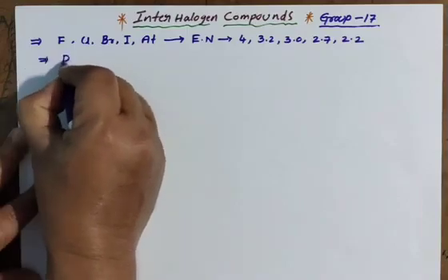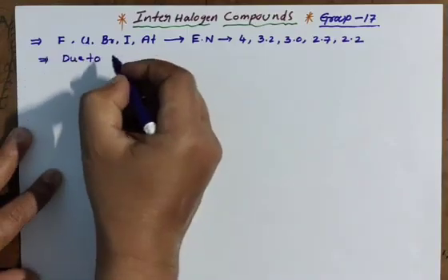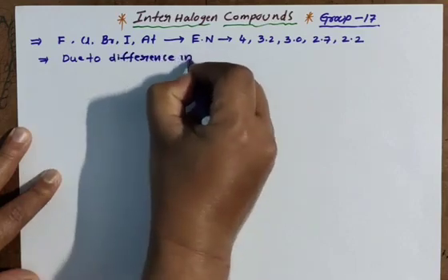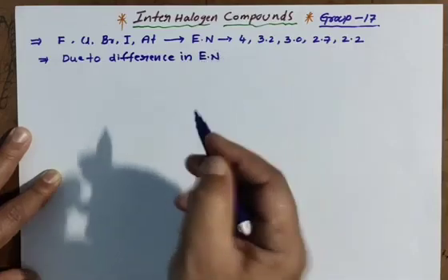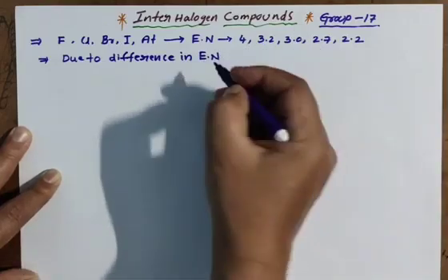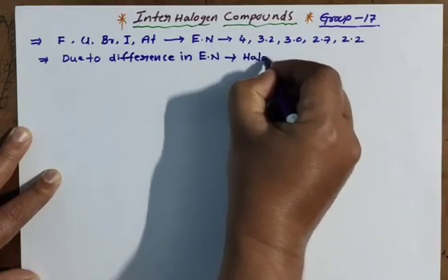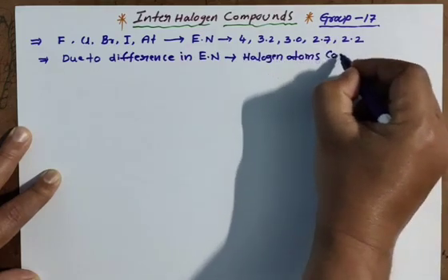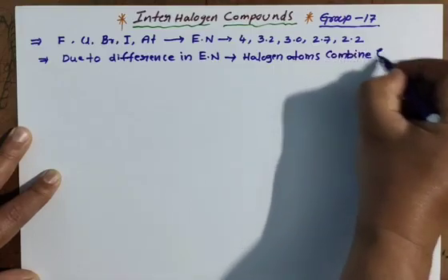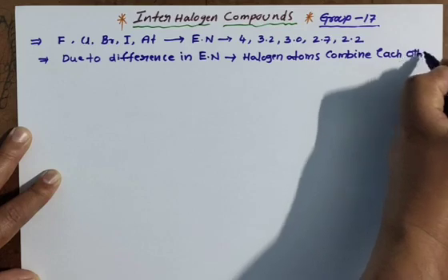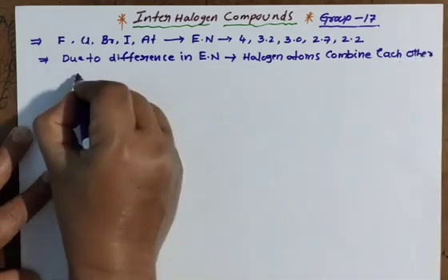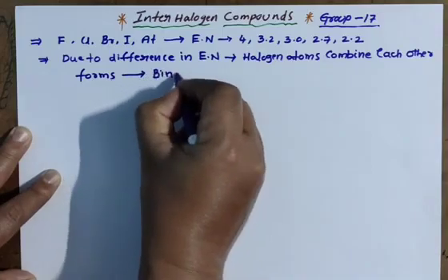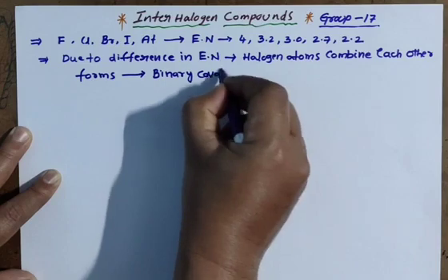Due to the difference in electronegativity, halogen atoms react or combine with each other to form binary covalent compounds.